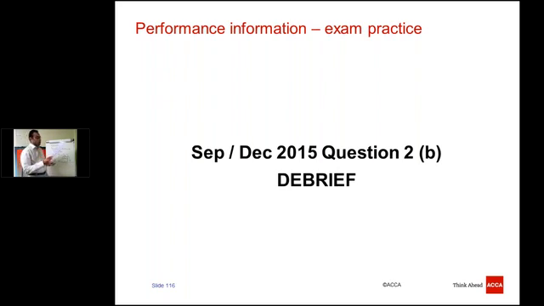Now we also want to move to the examiner's report. If you go to the examiner's report, on page number 2 you have comments with regard to question 2. If you go to the second paragraph within question 2, what does the examiner have to say?